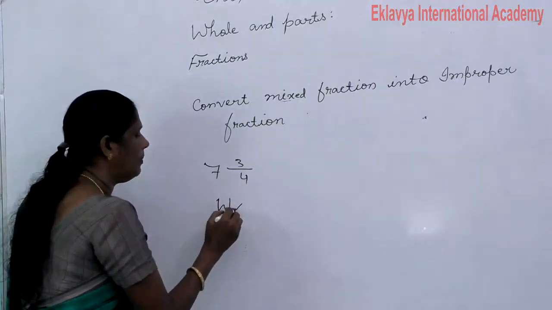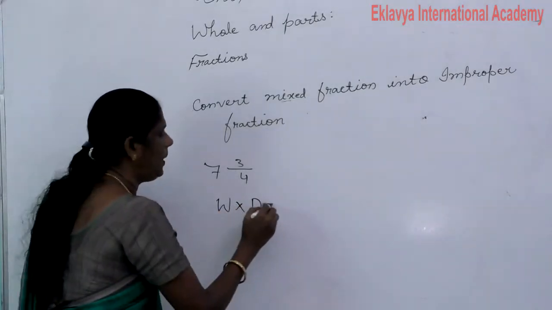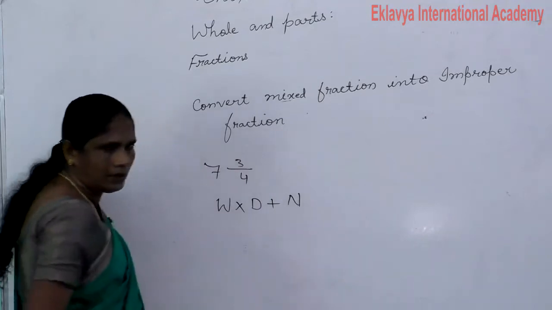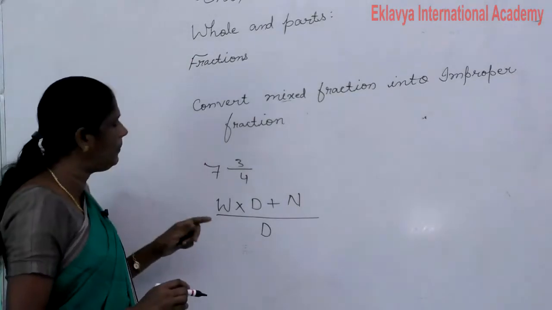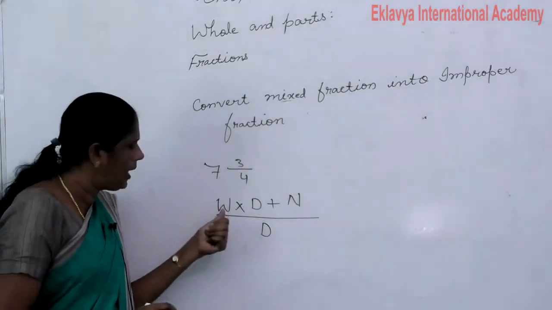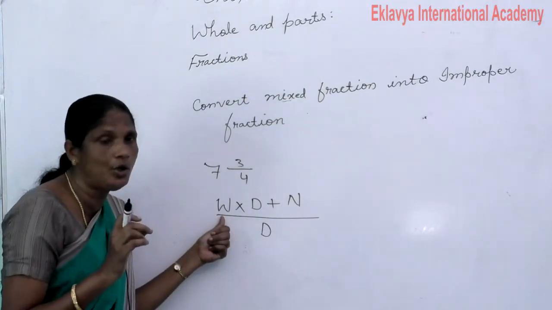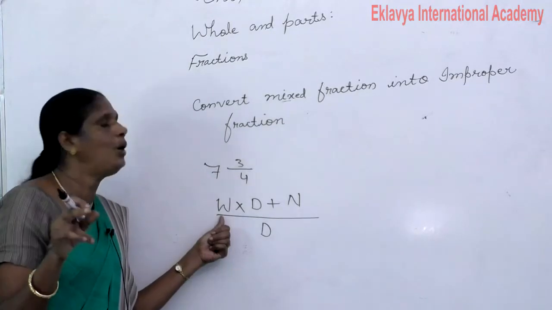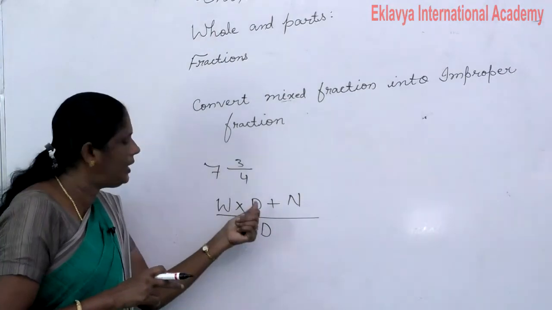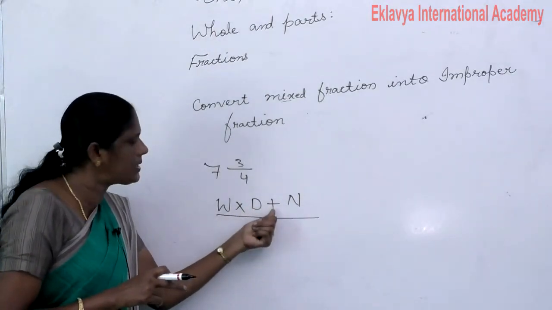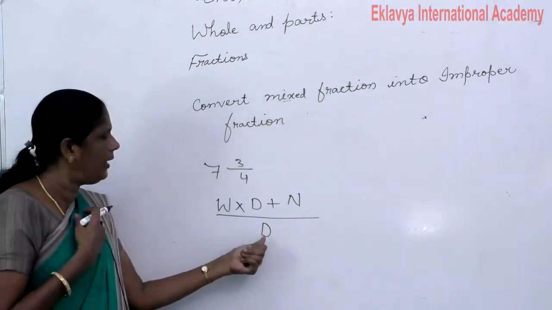Whole number multiply denominator plus numerator, upon denominator. What is the formula? Whole number, W-H-O-L-E.